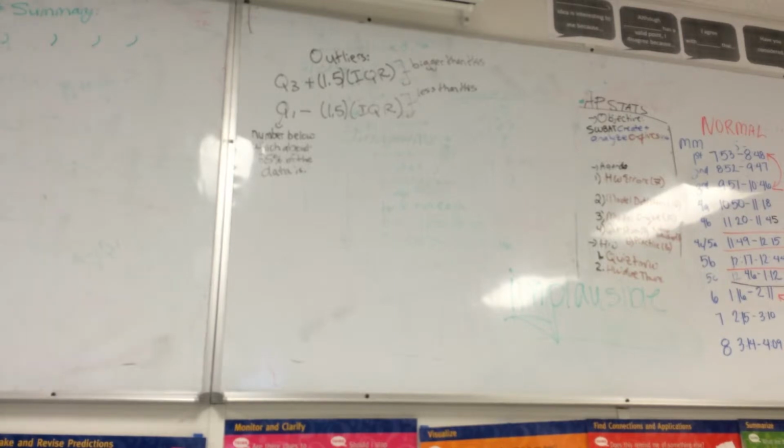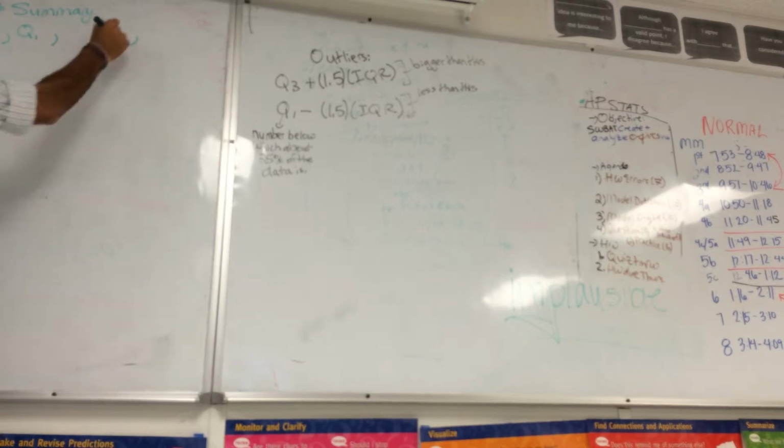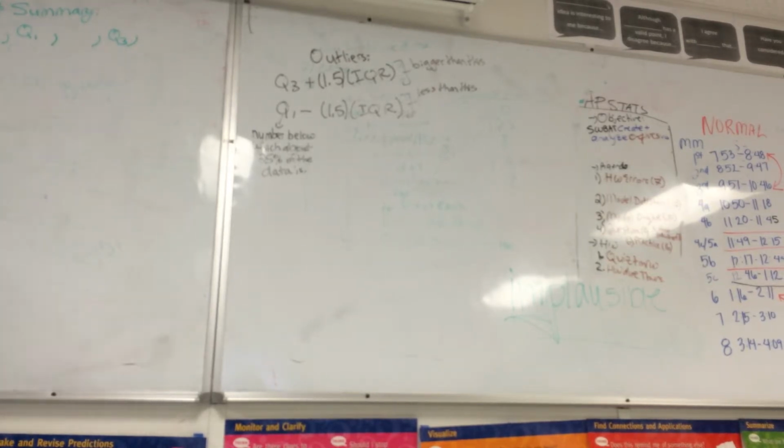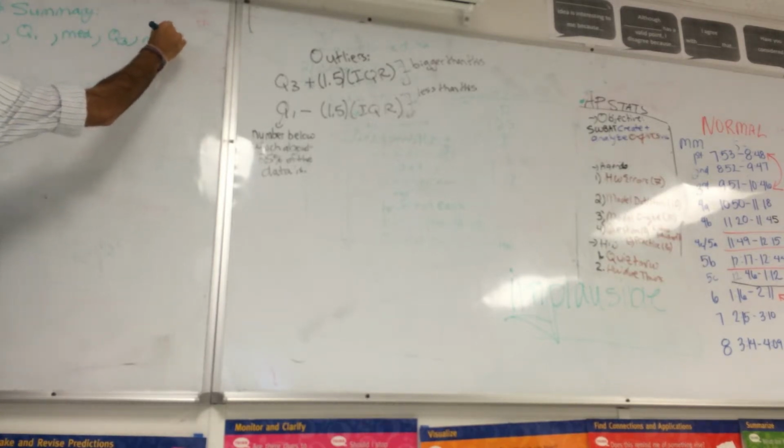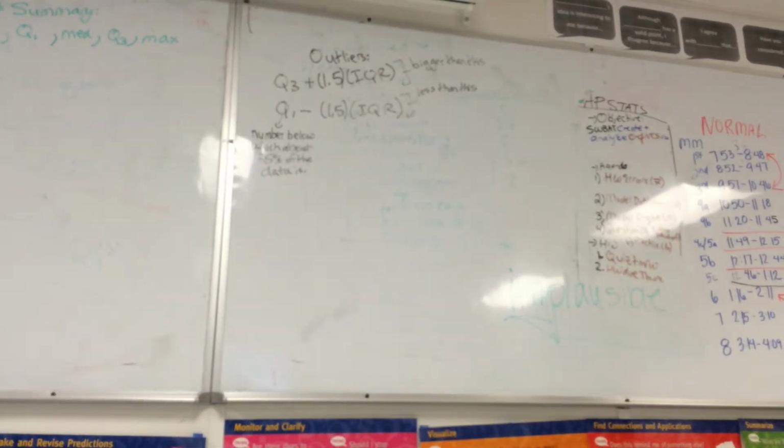Very good. Brian, what's next? The Q1. Okay. Dex? I know it's Q3, right? Okay, that's fine. And then it's max. So. Jennifer? The median. And Giselle, what's the last one? Good. Very good. We got to know this.